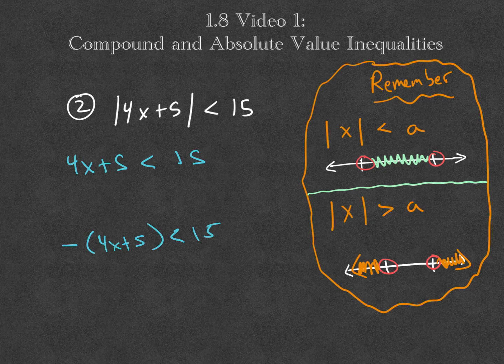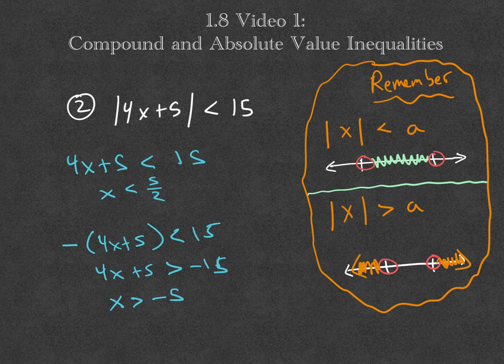Then I need to solve both of those algebraically. This is going to give me x is less than 10/4, so 5/2. Here I've got to divide by that negative first, which gives me 4x plus 5 is greater than negative 15. And then 4x is greater than negative 20, so x is greater than negative 5.